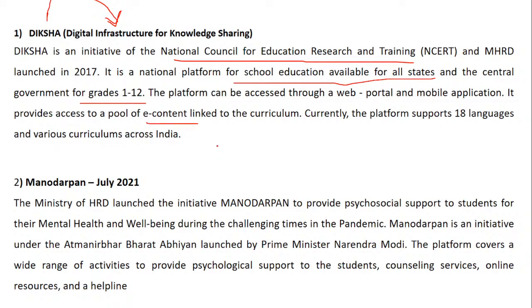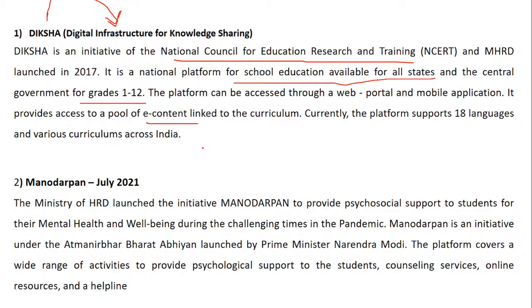Now see, as I keep on saying every time, students who are making notes, you have to make a separate section for digital initiatives, because if we combine, I think there are 32 digital initiatives in total education.